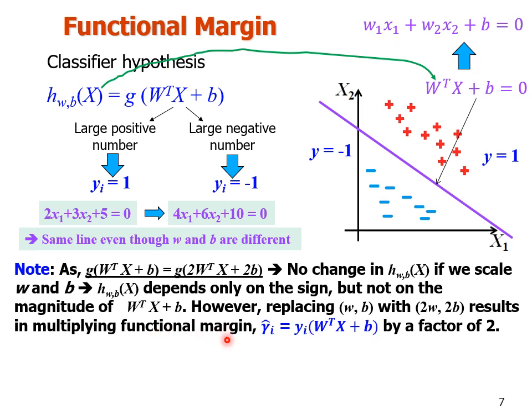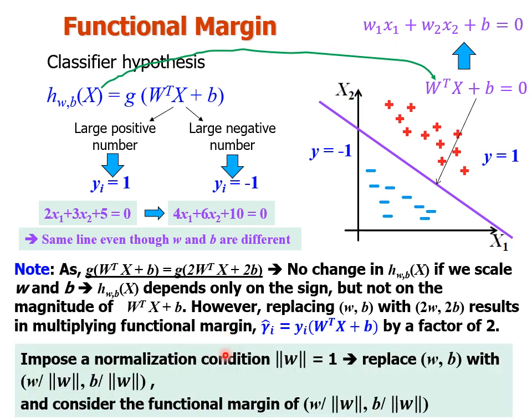arbitrarily large without really changing anything that is meaningful, and hence it makes sense to impose some kind of normalization condition such that norm of w equal to 1. That is, we may replace w comma b with w divided by norm w comma b divided by norm w.